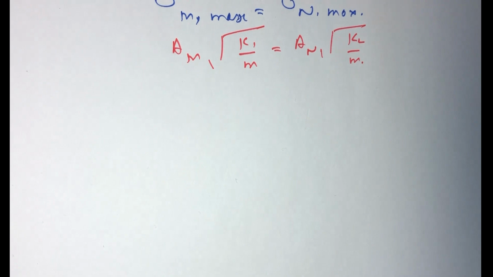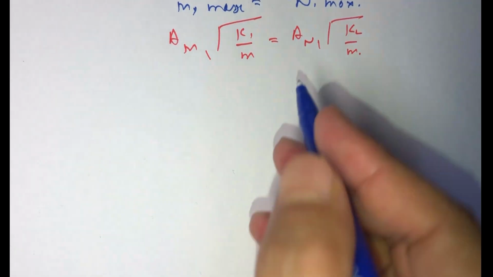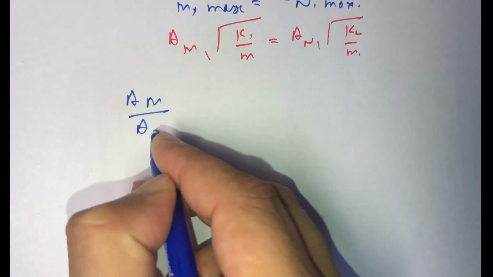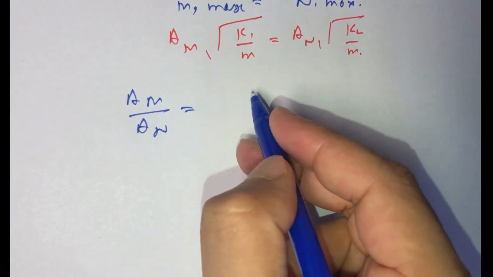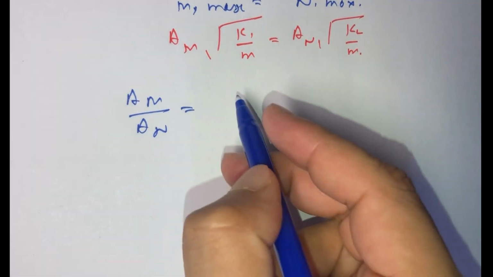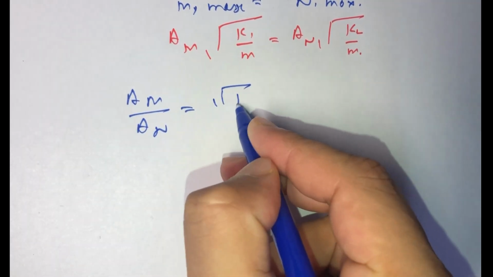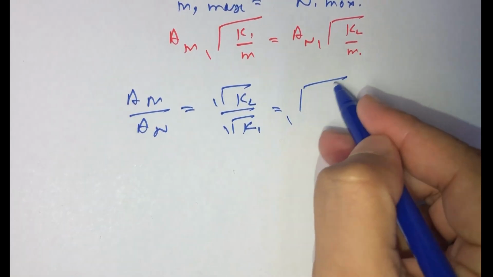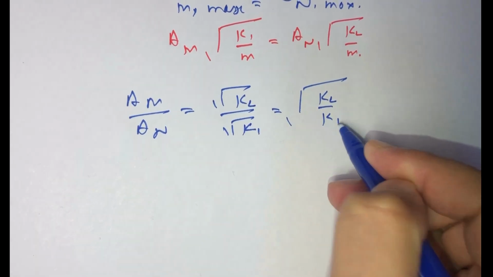And we have to find out the ratio of amplitude of M to N. From here we can say AM to AN will be equal to square root of K2 divided by square root of K1, which we can rewrite as K2 upon K1, its square root.